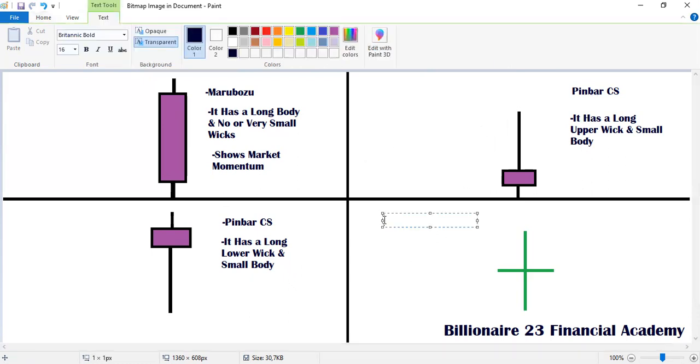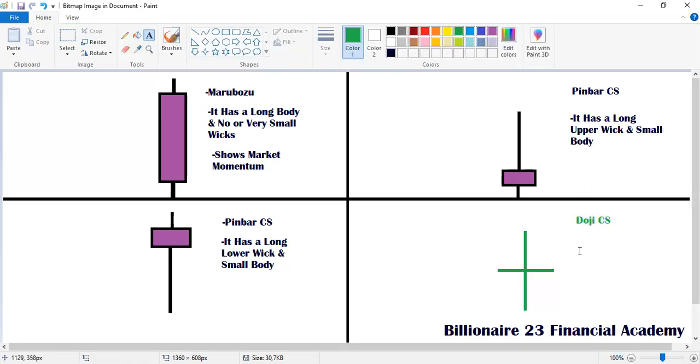And then lastly, we have the Doji. A doji is basically a candlestick where price opened and closed at the same place.